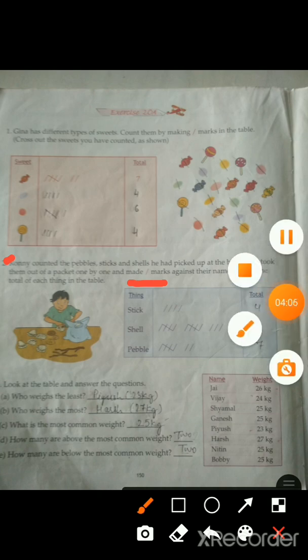Now in the table it is given things you have to count: stick, shell and pebble. First you have to count a stick. 1, 2, 3, 4. Sticks are here 4. Like this you put marks. You have to put marks only and write the total here 4. It is already given in the book.